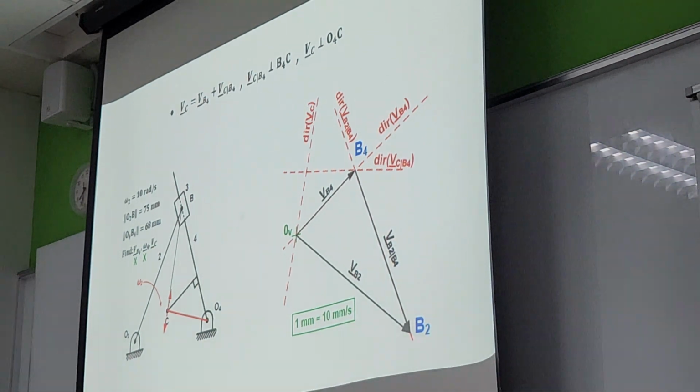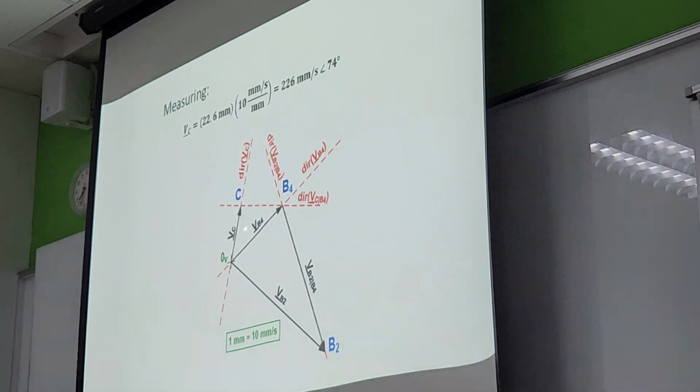Now you fix it, then you can measure the velocity C, which was the unknown. So you can measure the velocity C vector, and you know the orientation also. So like this, by doing the velocity analysis by linking points.